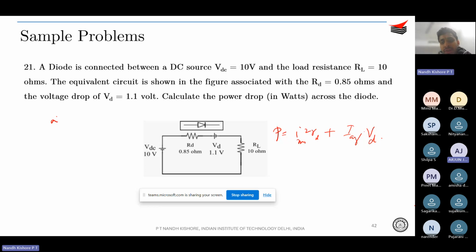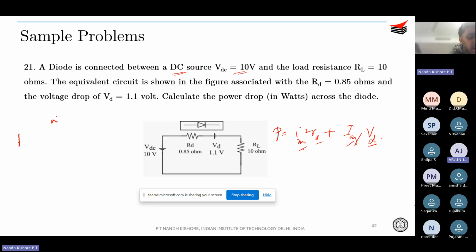Your VD is given and your RD is given. Just find out your IRMS and I average and plug them in. The good thing is they have told us it's a DC source, not some square wave like we saw earlier. So it's even simpler. It's just a DC source of 10 volts, so IRMS and I average are one and the same.